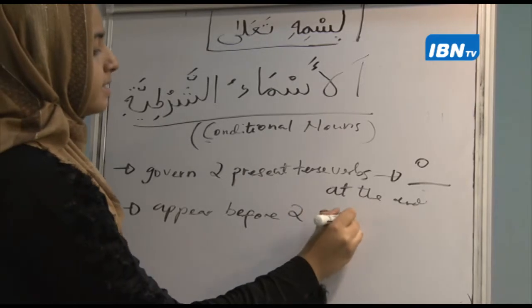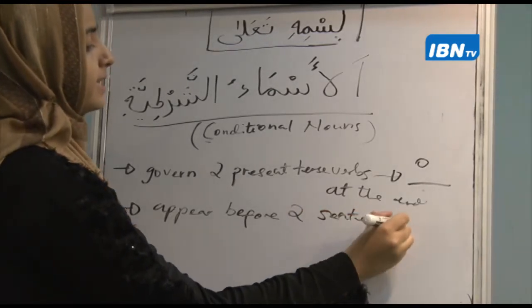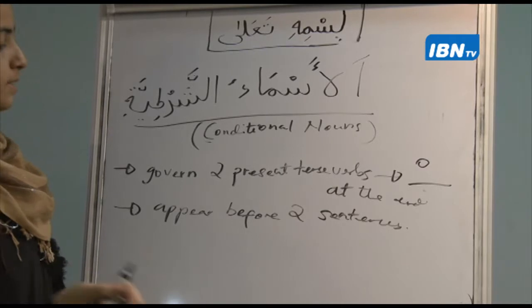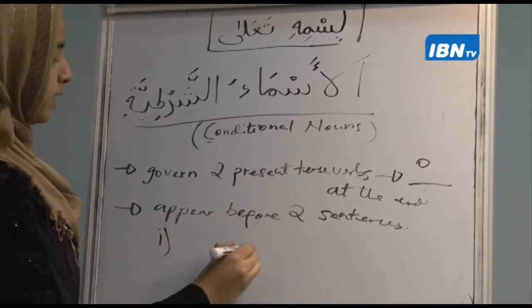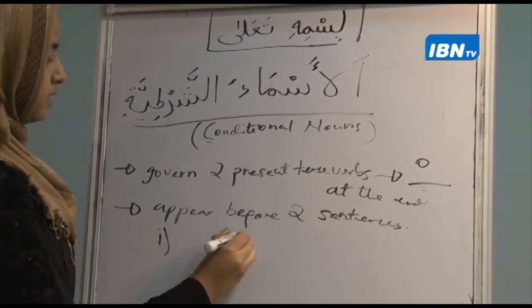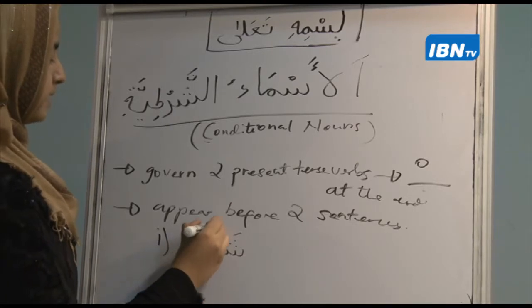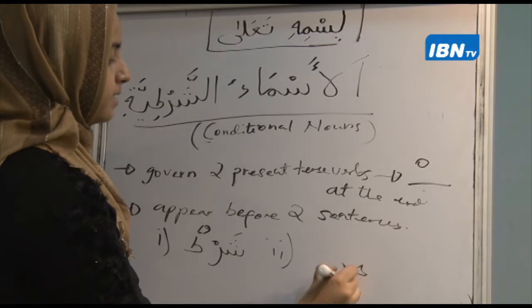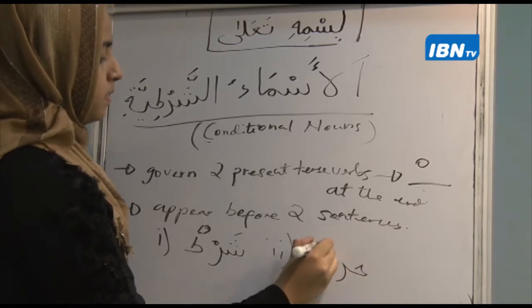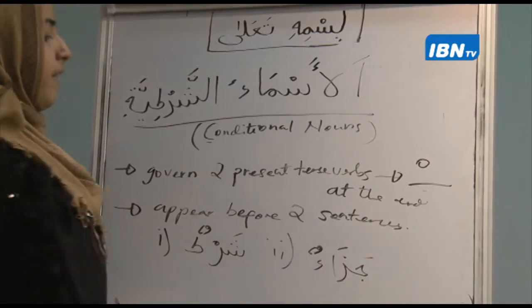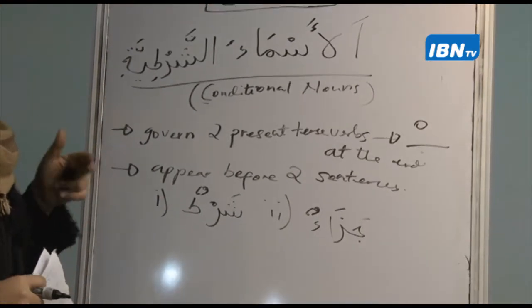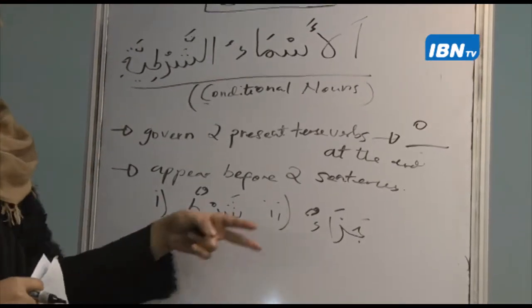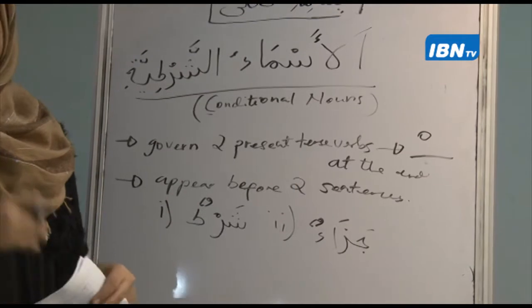When I say two sentences, in a conditional sentence, you know what I mean. I'm talking about the shart from our previous session, and the second sentence, that is the jaza. So these nouns usually appear before the shart and before the jaza.